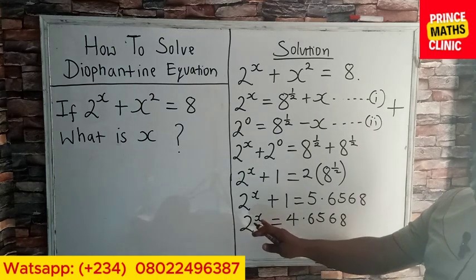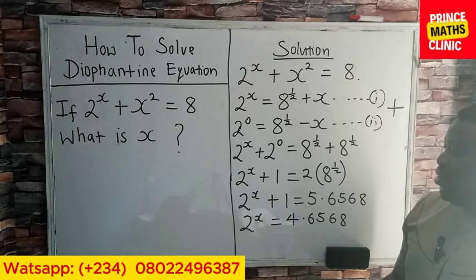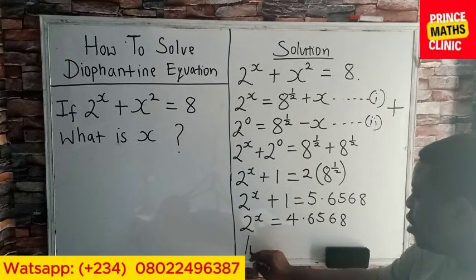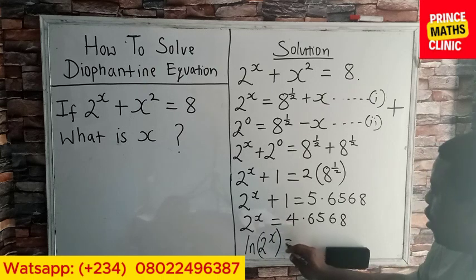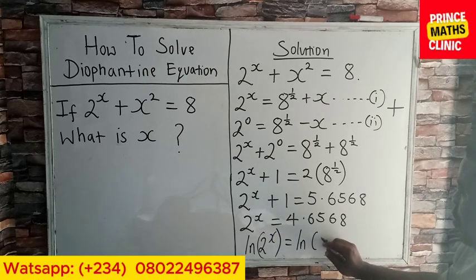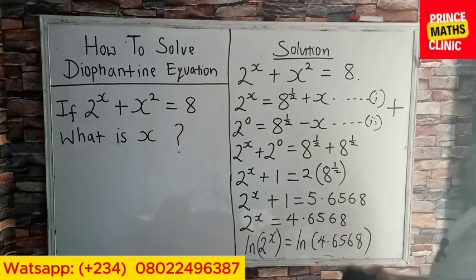So in order to obtain our x now, I have to take the natural log of both sides. So I will be saying ln of 2 to the power of x equals ln of 4.6568.